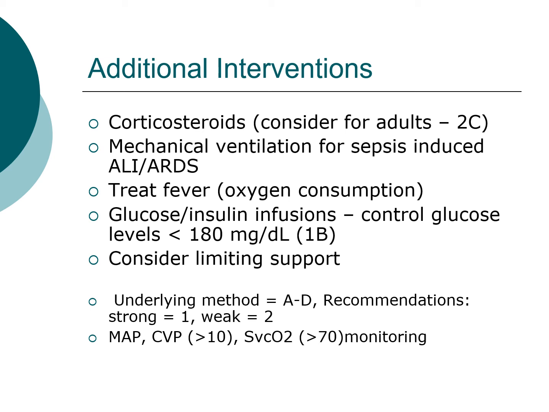So that has good evidence. And at some point, if the person is in dire straits, we really have to start conversations about how much more the family wants to continue with this. And again, for some reason, I have MAP and CVP. They like a CVP over 10, which tells you the patient has a fairly decent central venous pressure.